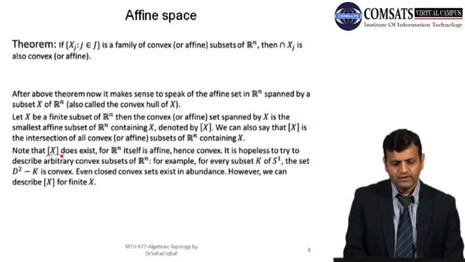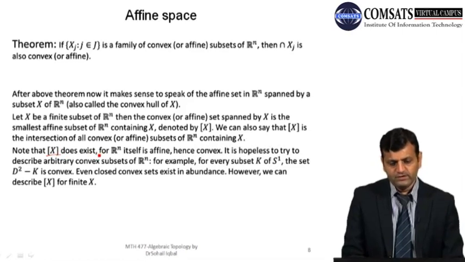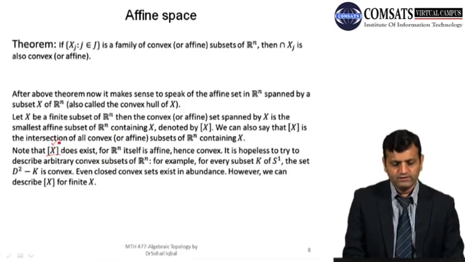Note that the square bracket X, the affine or convex set spanned by this finite set X, does exist. For example, if you can't find any affine subset of Rn which is the smallest one containing this set X, then of course Rn is always there. Rn contains X, and this is an affine subset.